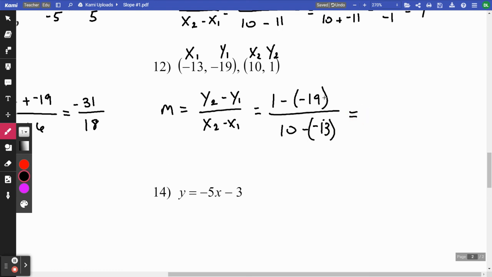And that equals 1 plus 19 over 10 plus 13, which is 20 over 23. And 23 is a prime number, so you cannot reduce it. And that is 7 through 12, finding the slope when you're given two points using the slope formula.